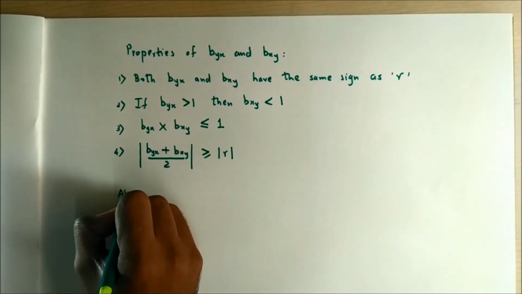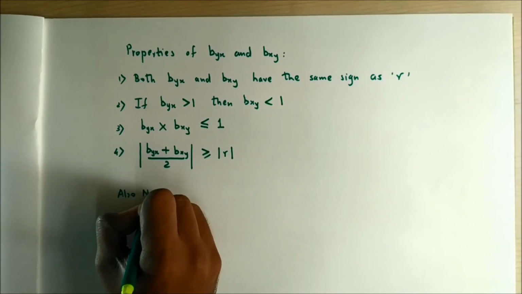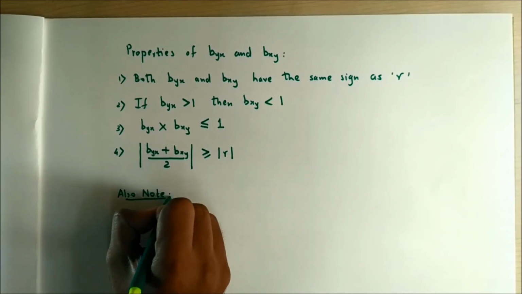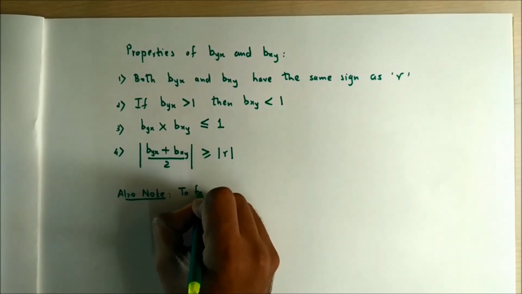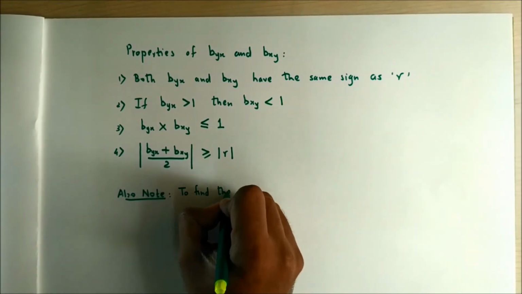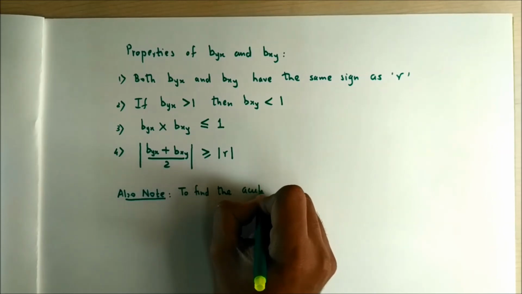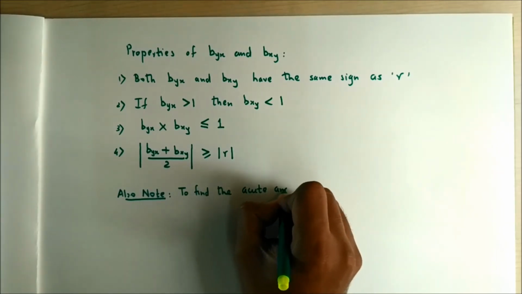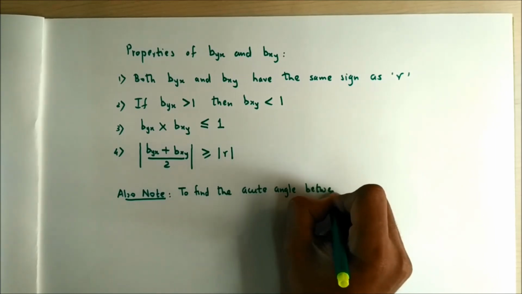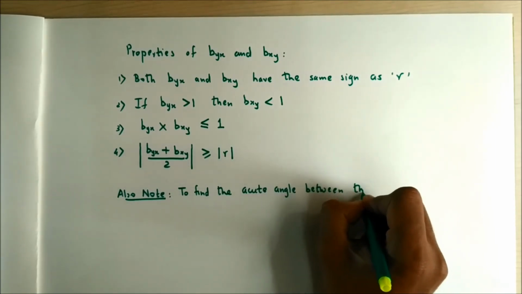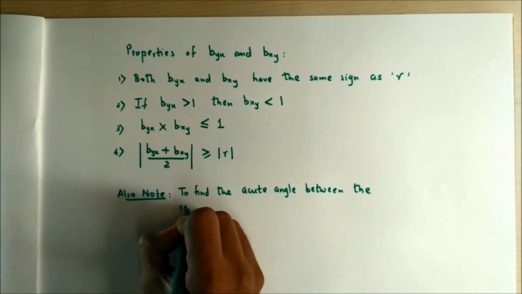Now one more important point is that if you want to find the acute angle between the two regression lines, when the two regression lines intersect, and if you are interested in finding the acute angle, say let the acute angle be theta, how would you obtain the value of theta? Well, for that you have a very simple formula.